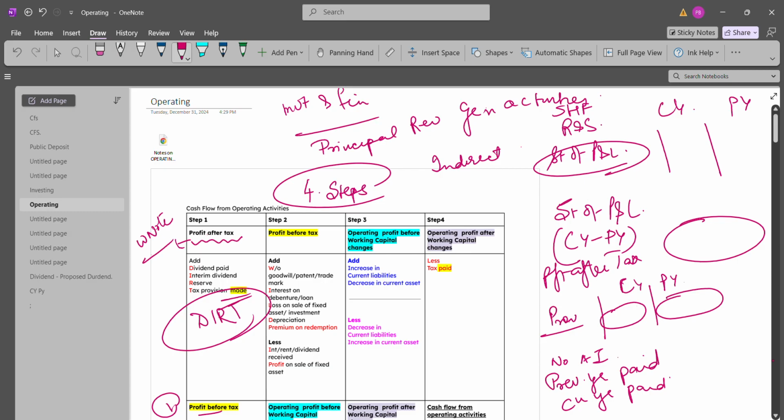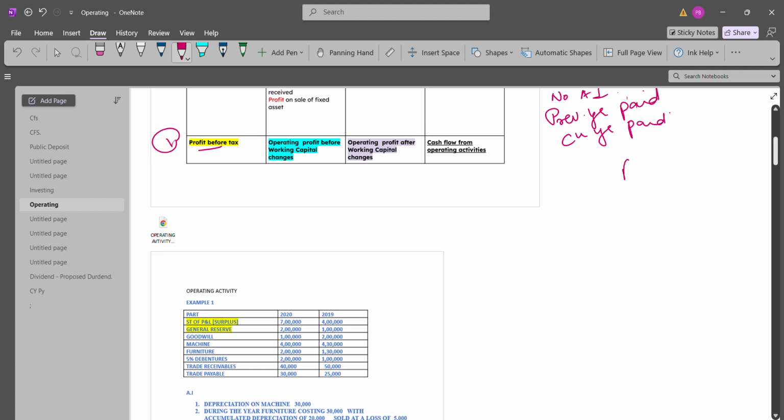That means the previous year amount is paid by us and the current year amount is made by us. Here we are expected to add the current year amount. Sometimes they give you additional information also, which can be about paid or made.